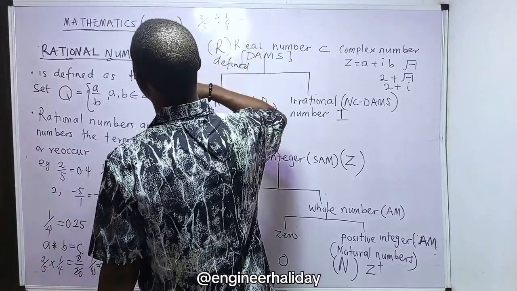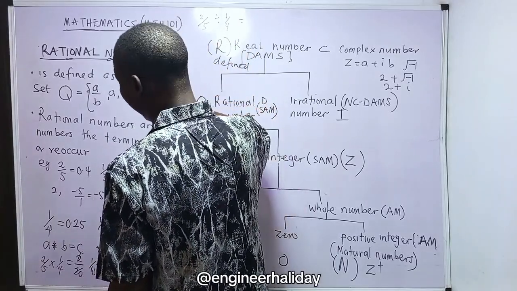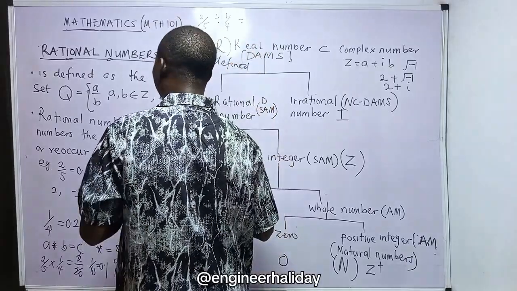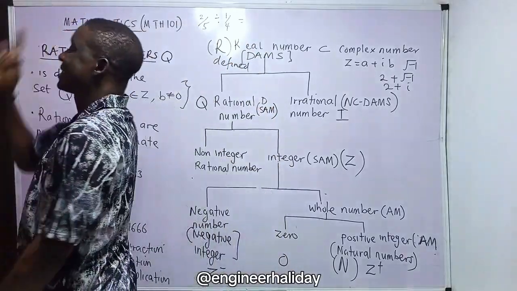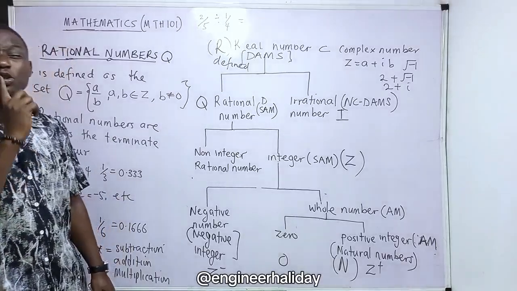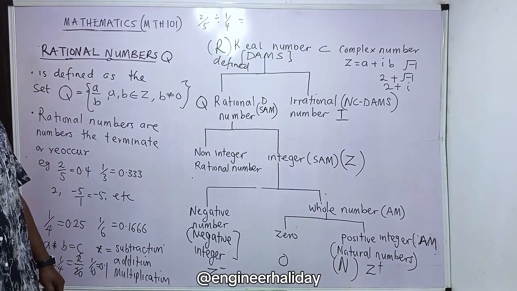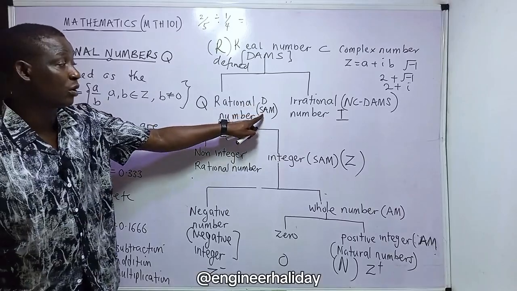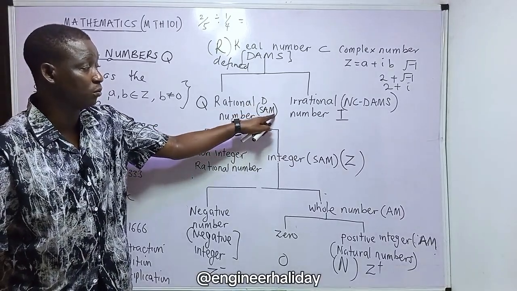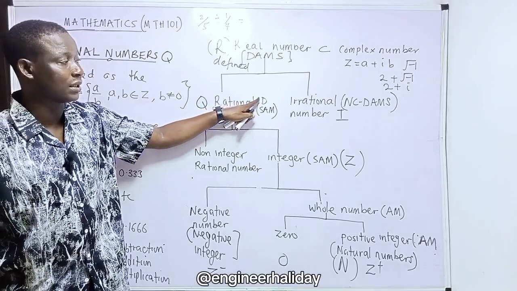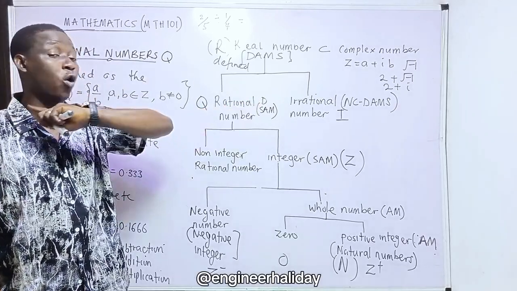But if the denominator is equal to 0, then it will not be closed. It is closed for all division, except that the denominator must not be equal to 0. Please take note of that. It is very important. I did not put it because I know subtraction, addition and multiplication are closed under any condition, but division is not closed for all conditions.